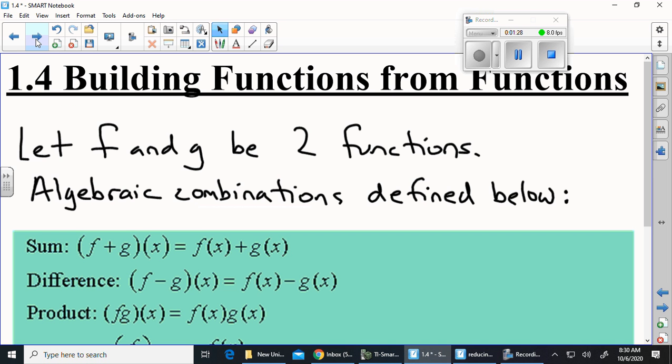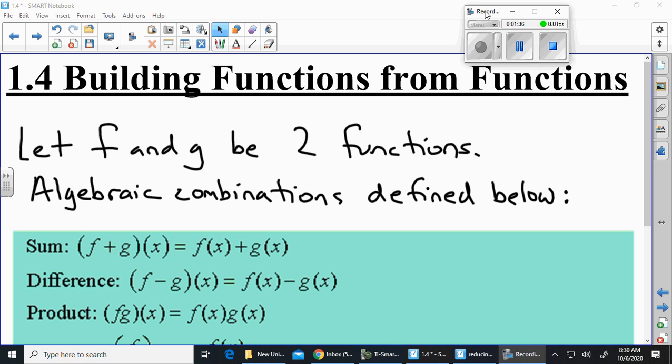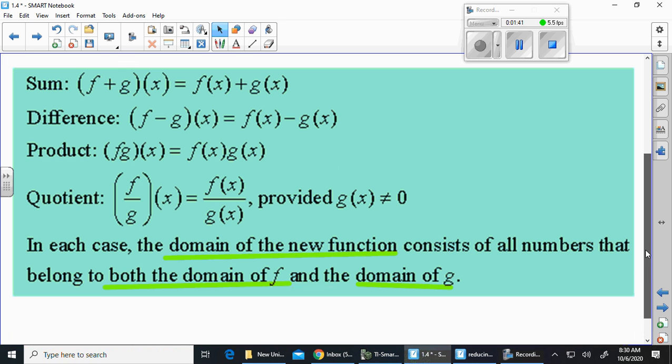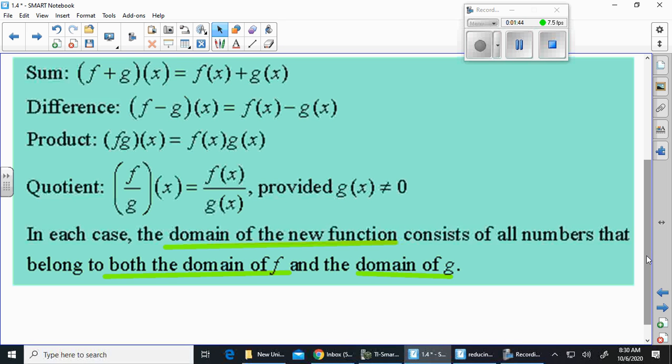So if f and g are two functions, the algebraic combinations are defined below. The thing you want to remember is you can see it either way. I could ask you to do f plus g of x.